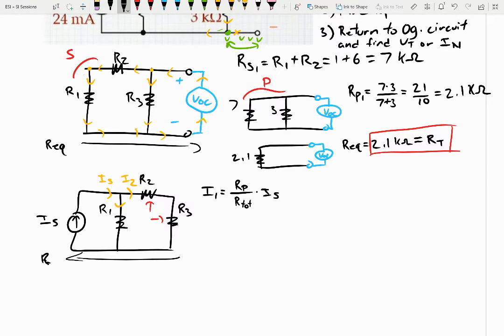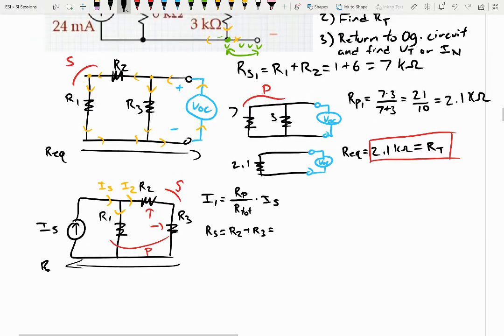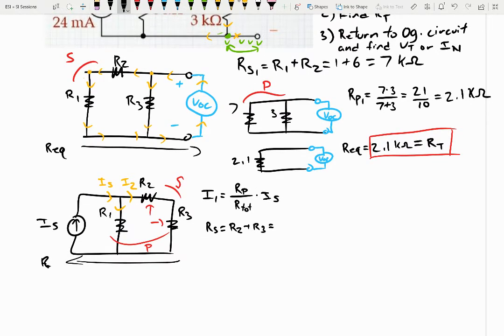Okay, so seeing right here, for sake of simplicity, we can see that these two are going to be in series. Okay. And then once I combine these in series, these two will be in parallel. So we'll look at R series, R2 plus R3, and that will give us 1 plus 3, will give us 4 kilo ohms.